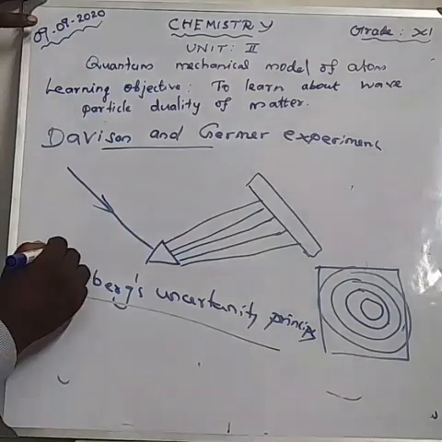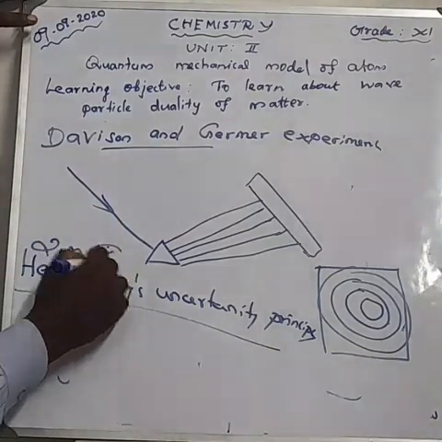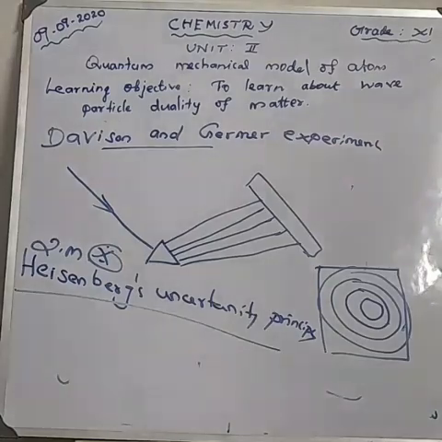One of the 2-mark questions, a very important question: the Heisenberg uncertainty principle.